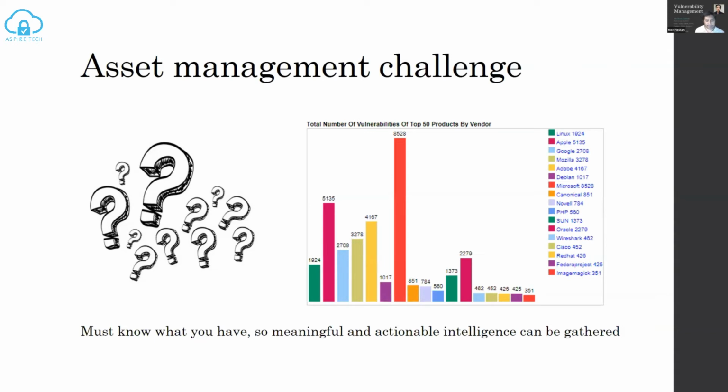So it's about collecting the data first, and then you can start to generate various kinds of reports. It's super important to know what you have, so that you can build a meaningful report, and based on those reports, you can take action.